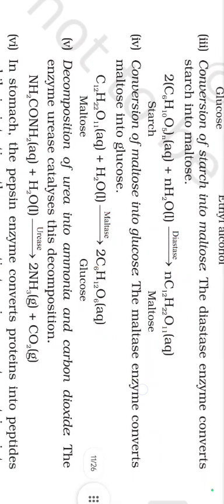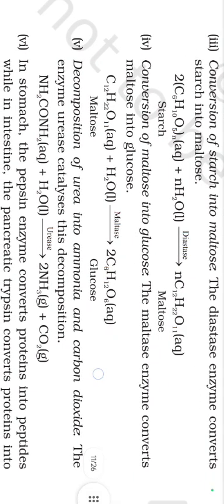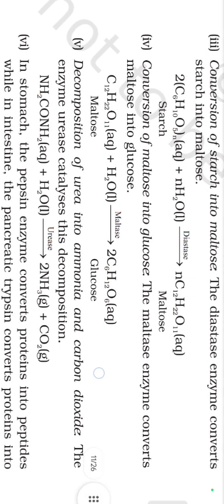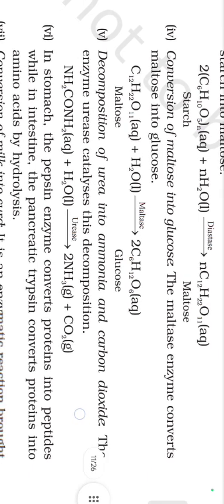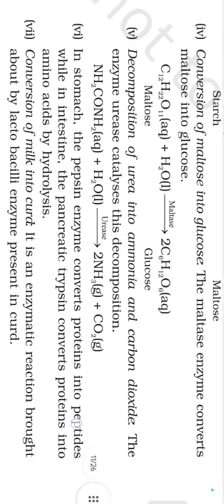Third, conversion of starch into maltose. The diastase enzyme converts starch into maltose. 2(C6H10O5)n(aq) starch + nH2O(l) in presence of diastase gives nC12H22O11(aq) maltose. Fourth, conversion of maltose into glucose. The maltase enzyme converts maltose into glucose.